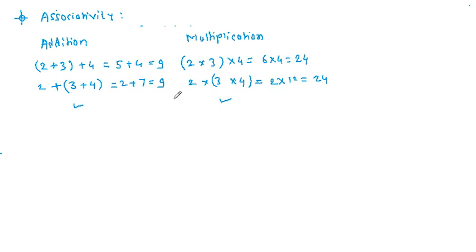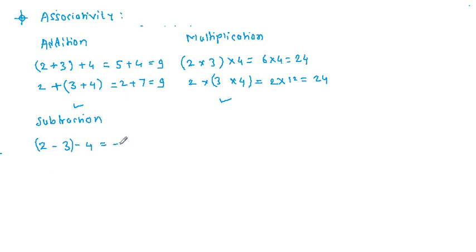Now let's see for subtraction and division. So what is meant by associative? In simple words, it is the grouping of a number. So for subtraction 2 minus 3 minus 4, we group first two numbers.